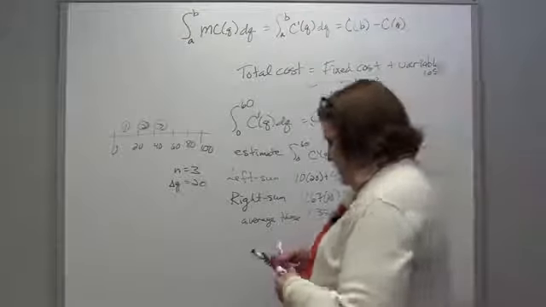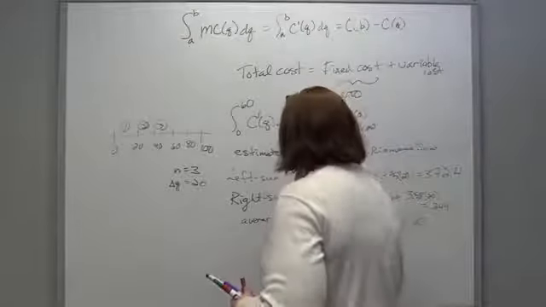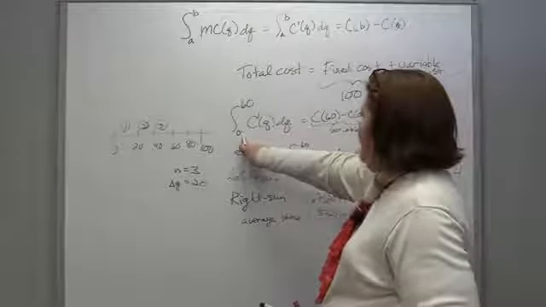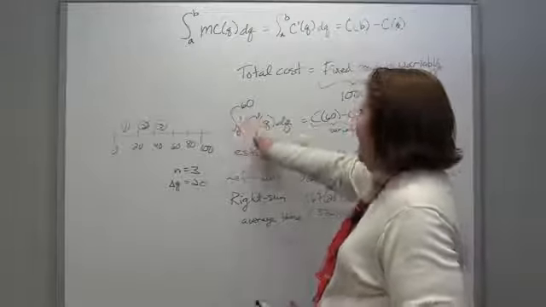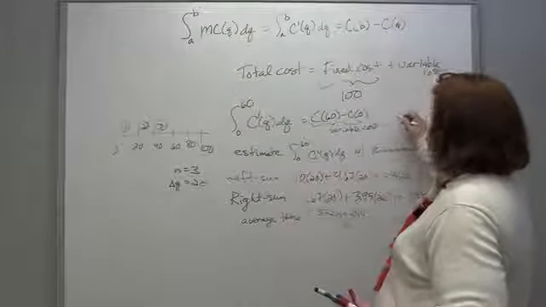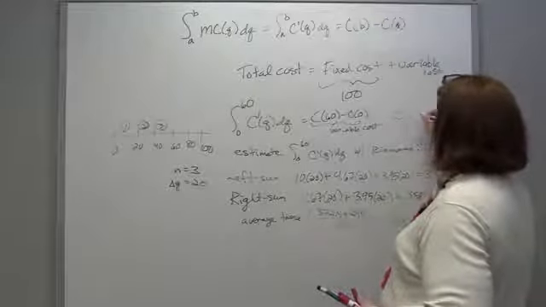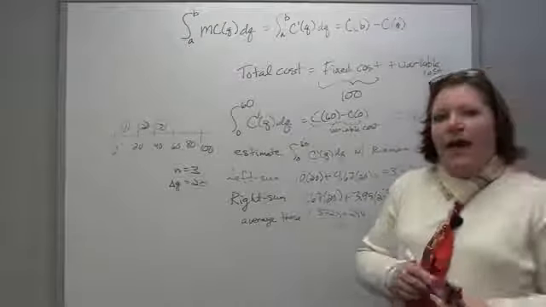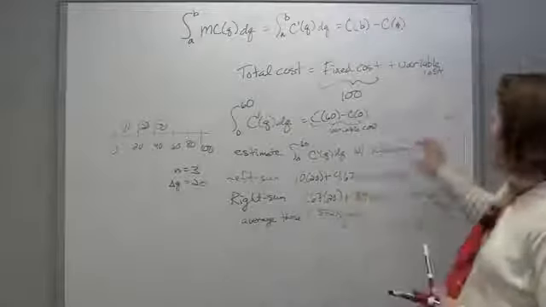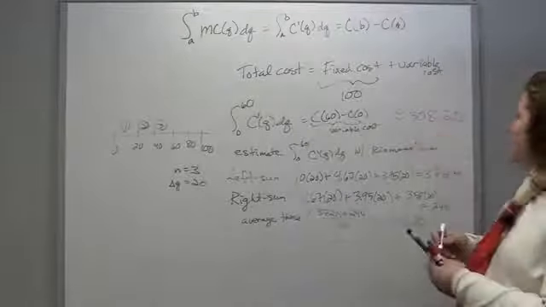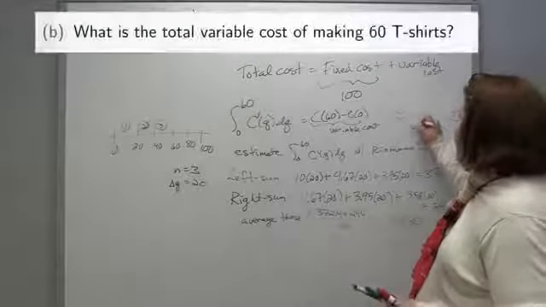And so our estimate for the integral from 0 to 60 of C prime is estimated to be 308.20. And that is actually the variable cost of making 60 t-shirts. So this is the answer to part B.